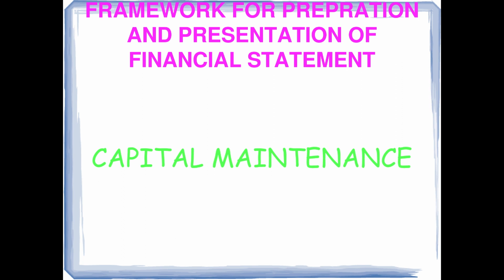Financial capital maintenance at current purchasing power. Under this convention, opening and closing equity at historical cost are restated at closing price using average price indices. For example, suppose opening equity at historical cost is rupees 3 lakh and opening price index is 100. The opening equity at closing price is 3 lakh 60,000 if closing index is 120.